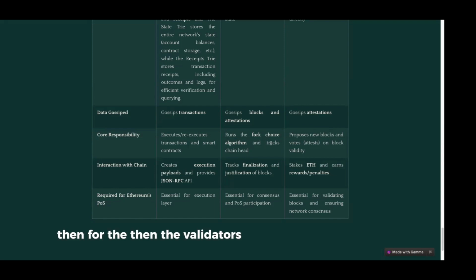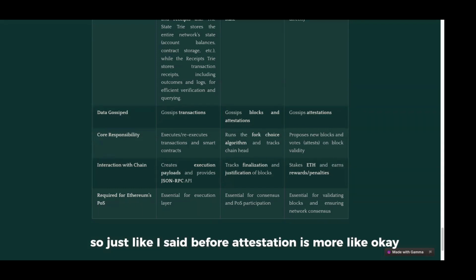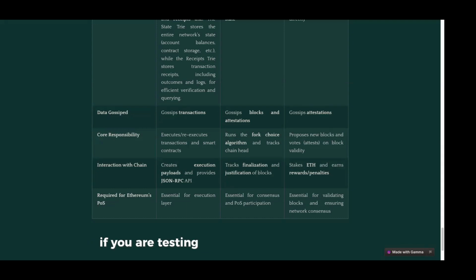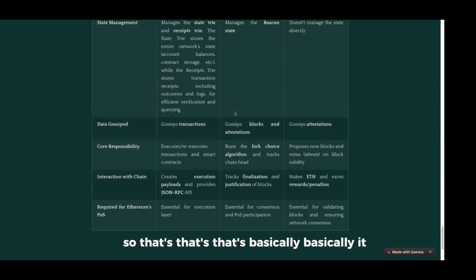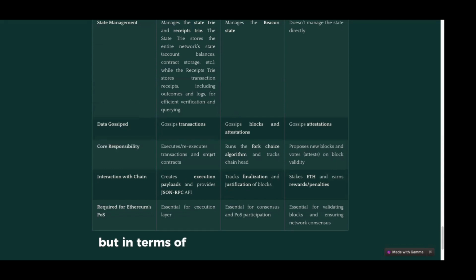Then the validator client proposes new blocks and votes. Just like I said before, attestation is more like, if you are attesting, you're voting, you're saying yeah, you're in support of this, right? That's basically it. But in terms of interaction with the chain, the execution client creates execution payloads and provides the JSON RPC API.